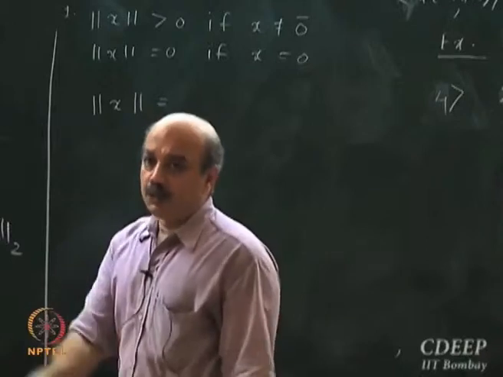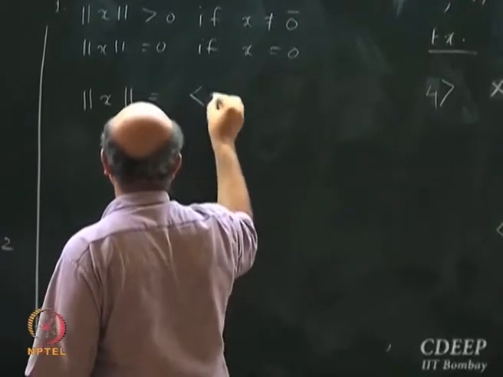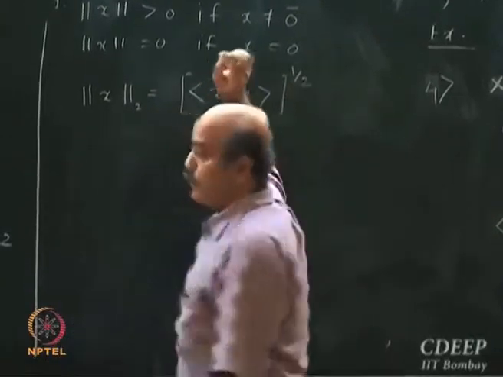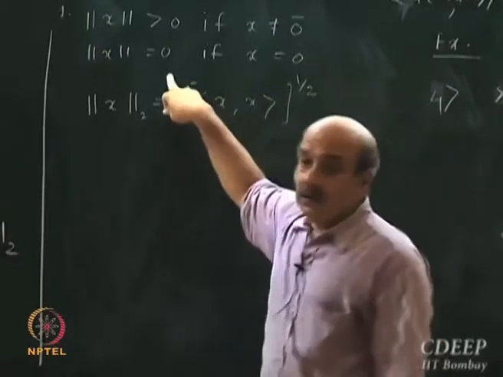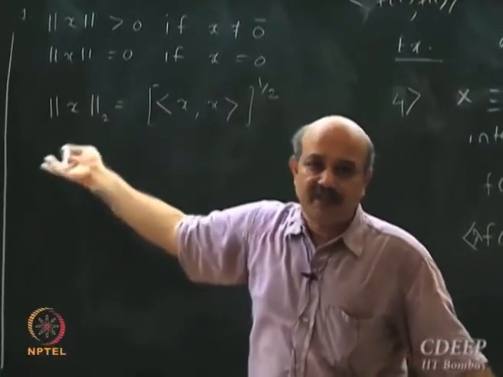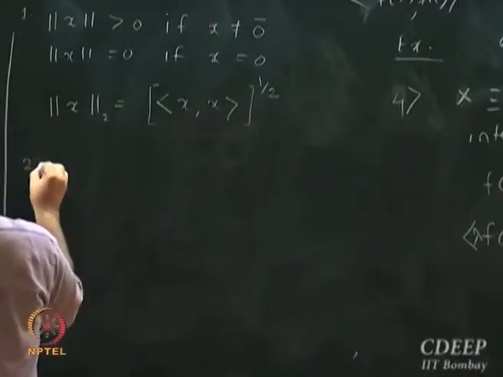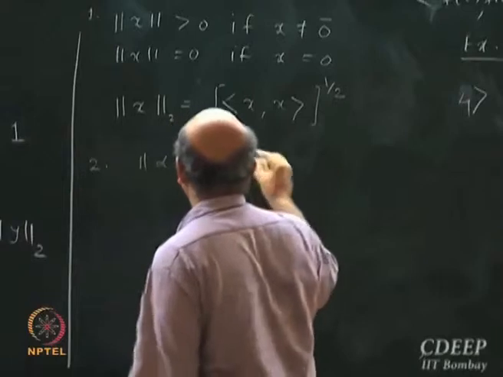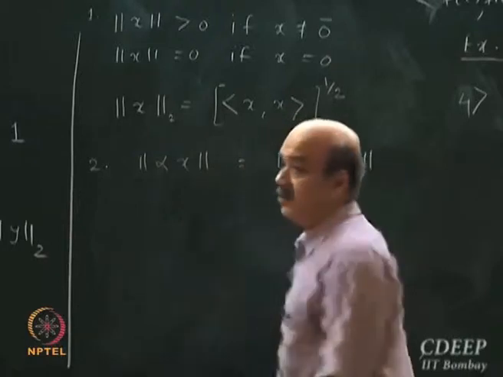Actually, we will call it the 2 norm, but right now let's keep calling it the 2 norm here. So the 2 norm is x transpose x raised to half. This is my candidate function. Now, does this follow the first axiom for a norm? From the very definition it will follow, nothing to worry. What is the second thing about a norm? Scalar multiplication. If I take alpha times x, then its norm is equal to mod alpha times norm x. What about this?